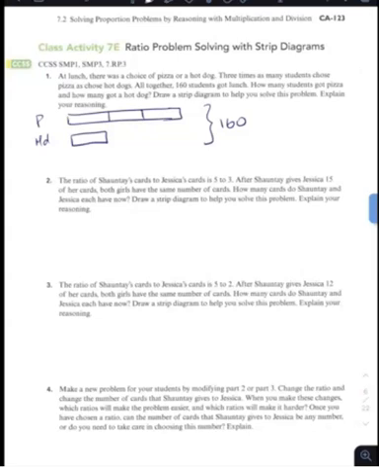How many students got pizza and how many got hot dog? So let's see, we have 4 groups of students, with the total number of students being 160. So we need to take 160 divided by 4 groups to figure out how many in each group, and that's 40. 40 in each group.